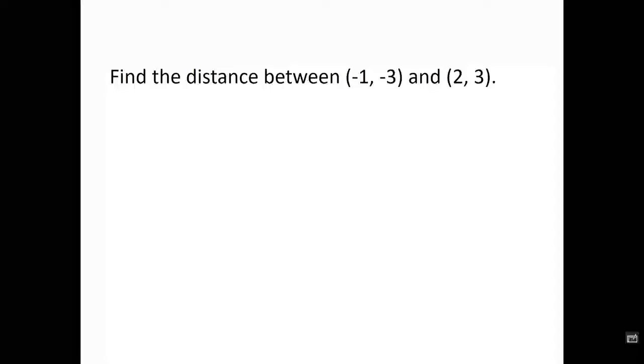The square root of 9 plus 36 is the square root of 45. And if you like, we can simplify this. We know that the square root of 45 is the square root of 9 times 5. The square root of 9 is 3, times the square root of 5. So the distance d is given by 3 times the square root of 5.